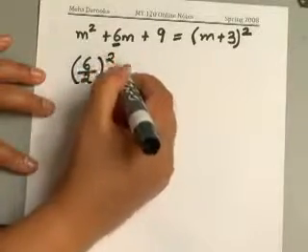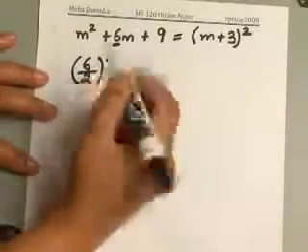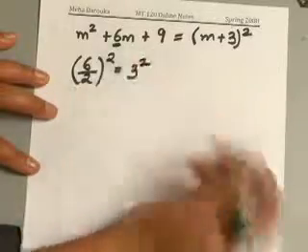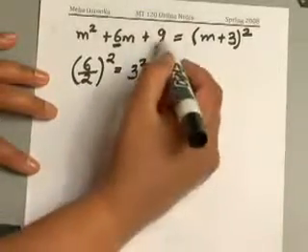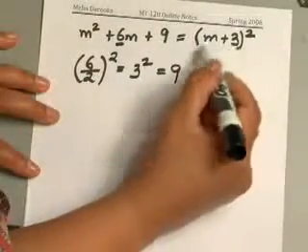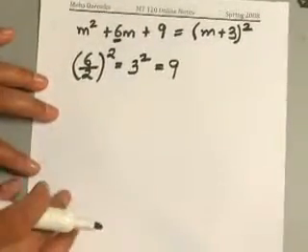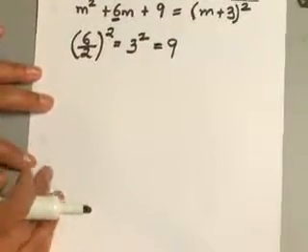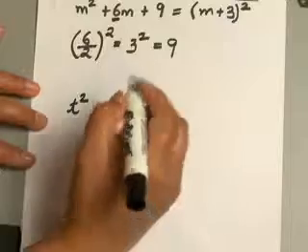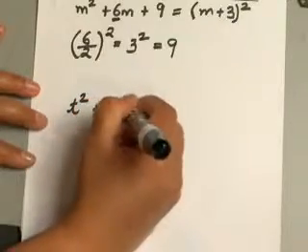You have your middle term, 6. If I half it, which is divided by 2, and then square it, let's see what we end up with. 6 divided by 2 is 3. When you square your 3, you end up with 9, which is what our constant term was, and that's why we were able to factor this out into m plus 3 squared.